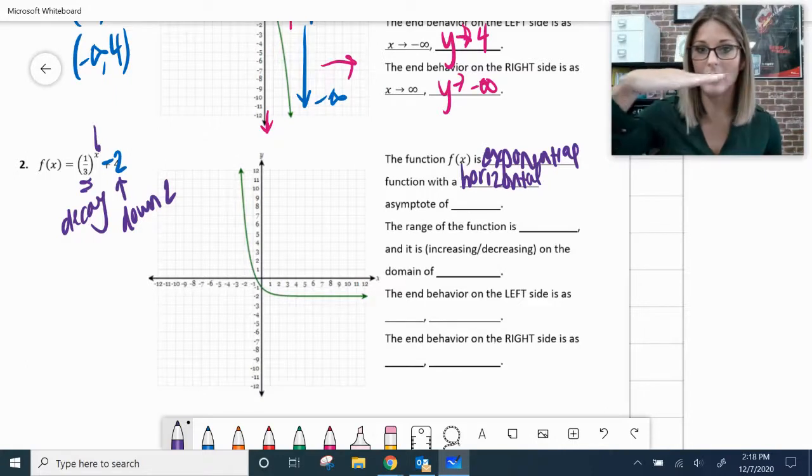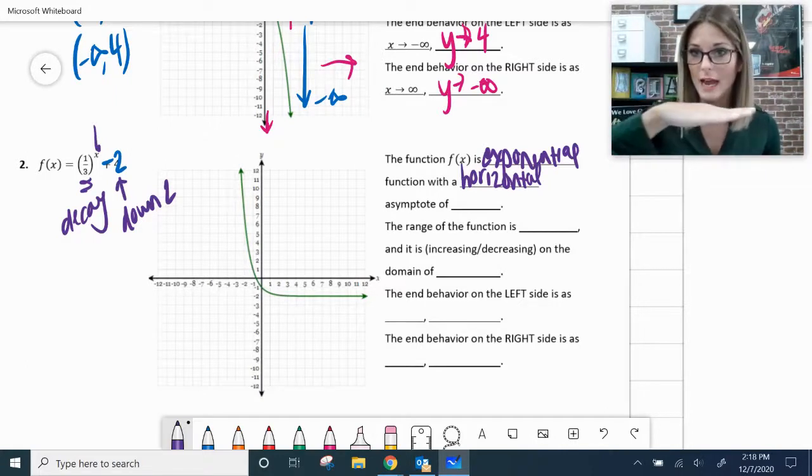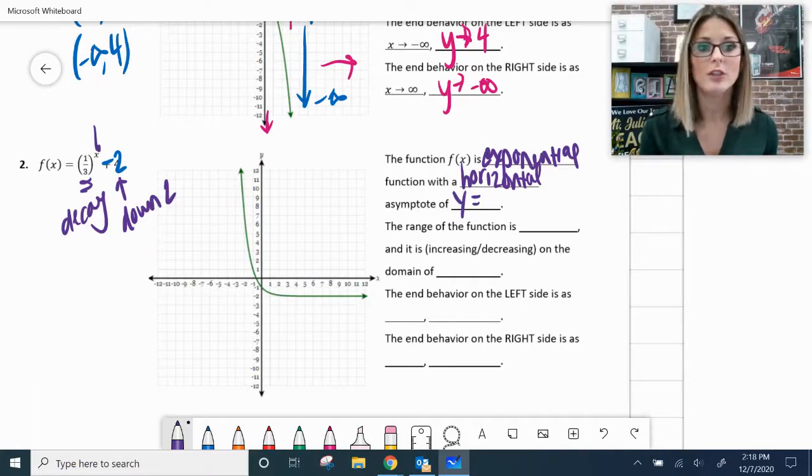So we should have an invisible horizontal line where our graph is getting closer and closer, leveling off at, since it's horizontal, y equals. We can look at our graph, where is it leveling off, or you can look at your function, what the last number is, -2. You can see on my graph, it's leveling off down there at -2.